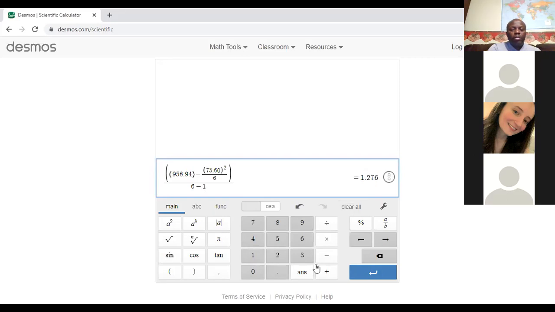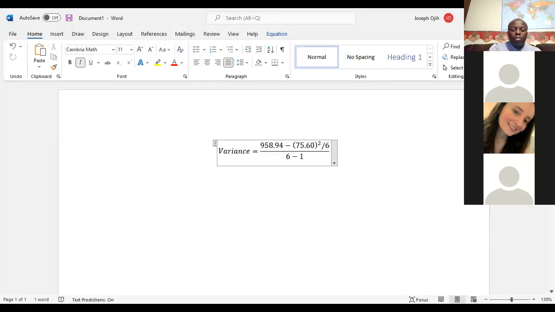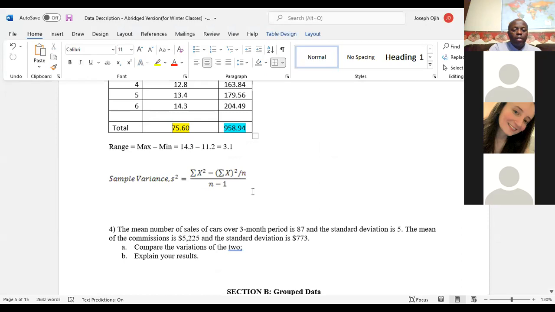So you can call it 1.28. I can copy this here and paste it into our main workbook. Can you see this? Yes. That is our variance right there.